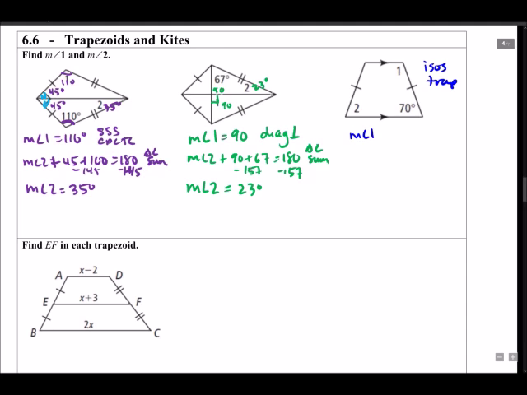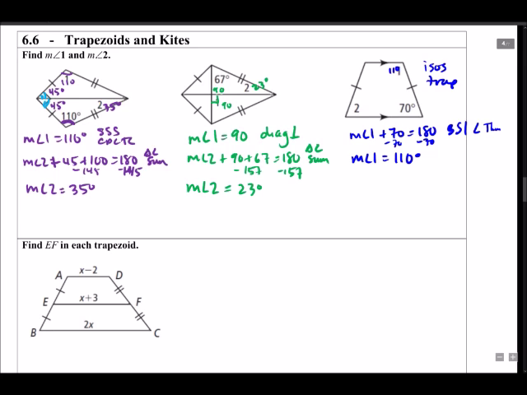Well, the measure of angle 1 plus 70 equals 180, because same side interior angle theorem. We'll go with theorem. That's why we have our notes, right? So subtract 70 from both sides. The measure of angle 1 is 110 degrees.